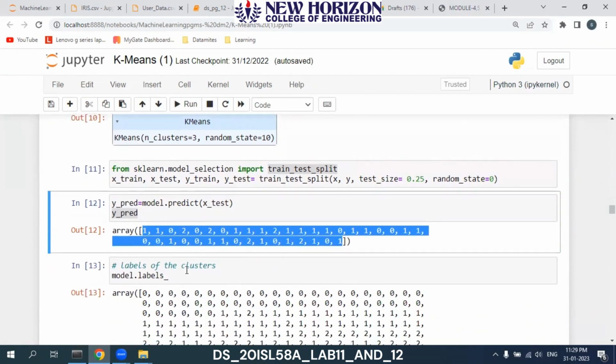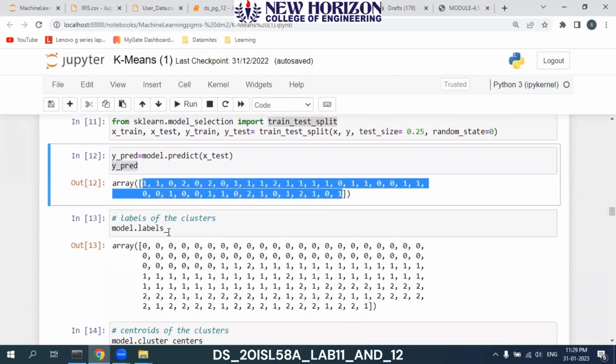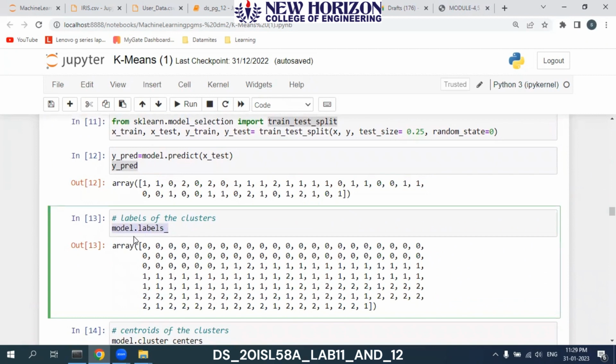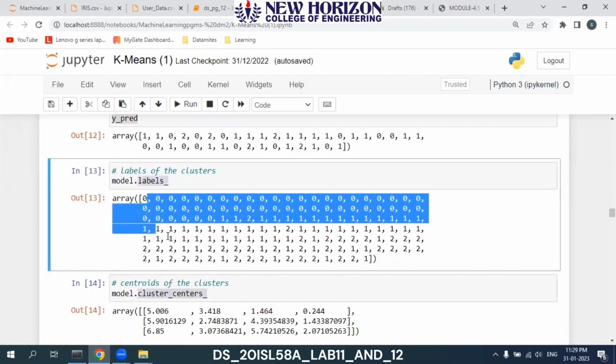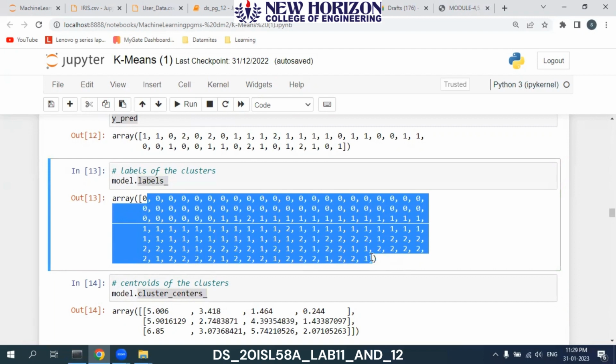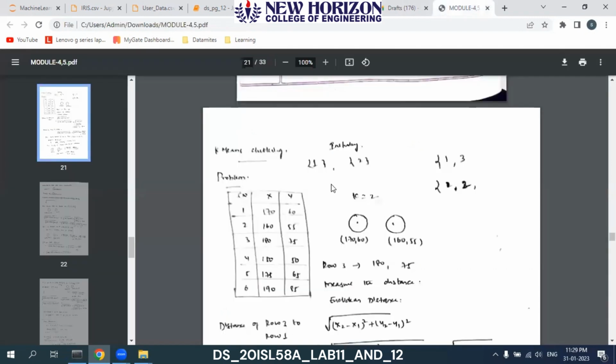Right. Then the major coefficients which you will be displaying for your k-means algorithm are model.labels_ as well as your centroids at every point of time. Right, model.labels_, that is your clusters, and then the centroid of the clusters. For example, these are your clusters 1, 2, 3, and so on.